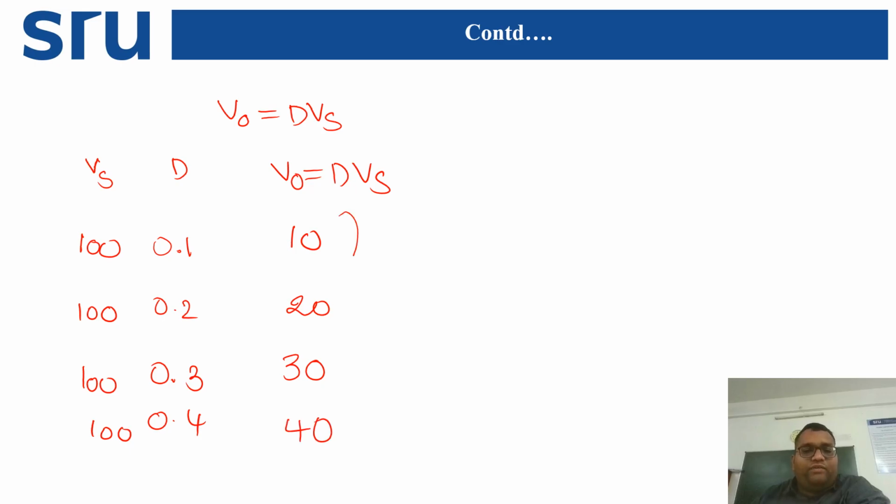So here, whatever may be the condition, what is happening? Input voltage is 100, but output voltage is less than 100 volts. So that is the condition which we can observe here.